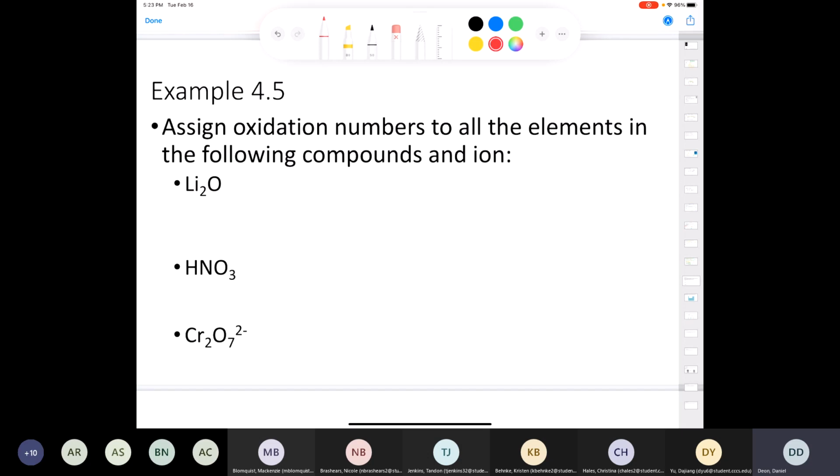Let's take a look at some examples. The first one is lithium oxide, and it says, assign the oxidation numbers to all the elements in the following compounds and ions. So we've got Li2O. Could anybody tell me what the oxidation number of the oxygen is? Or the lithium? Just spit it out or type it in the chat, whichever one you think you might know. And there's no tricks here.